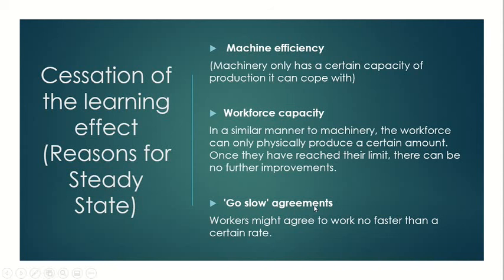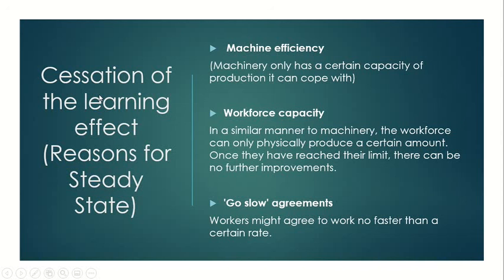Let's say for one unit they are estimated 5 hours, so to produce 2 units they take 10 hours, which means for each unit they take 5 hours. So there won't be any motive to improve their performance. Obviously they take that estimated time, so there won't be any improvement. In that situation, whether the workforce or the machines have reached their maximum capacity, the learning effect will cease.